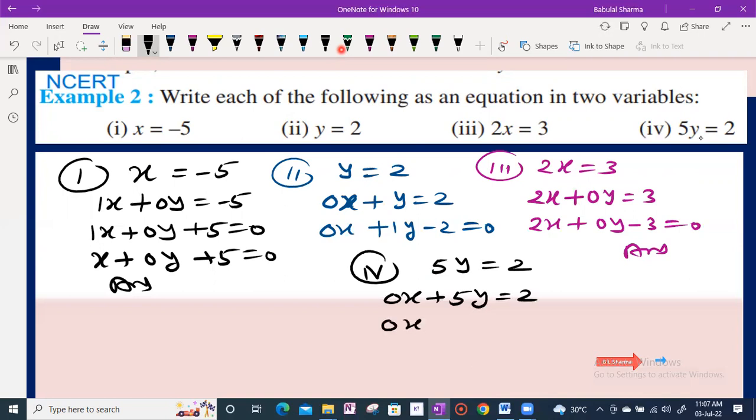So 0 into x plus 5y minus 2 is equal to 0, and we have written this in the standard form. So these are the questions and these are their answers. This is example number 2 of your NCERT book, chapter 4, linear equations in two variables.